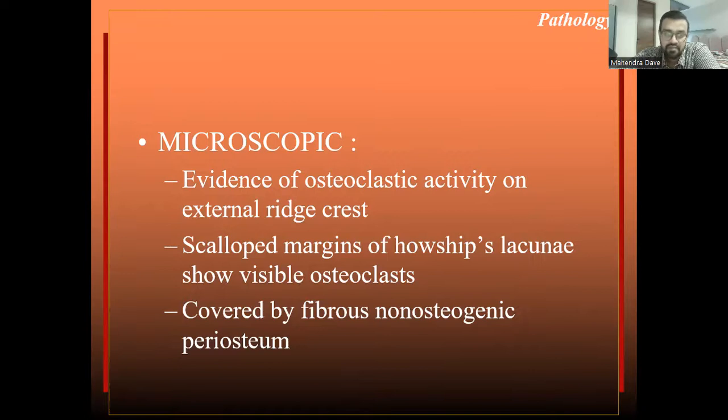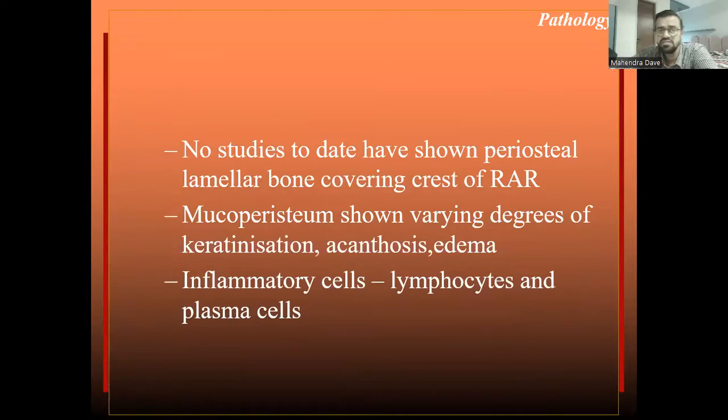At the microscopic level, evidence of osteoclastic activity on the external ridge crest is seen. Scalloped margins of Howship's lacunae show visible osteoclasts covered by fibrous non-osteogenic periosteum. No studies to date have shown periosteal lamellar bone covering the crest of the residual alveolar ridge.